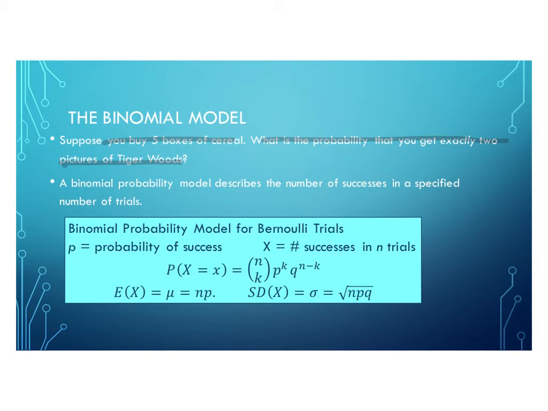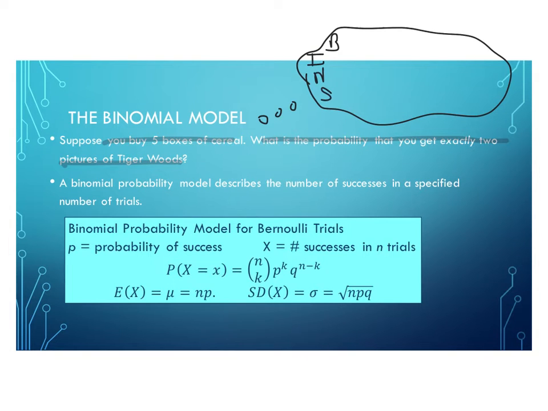Okay, so remember, we're thinking in our brain. We talked about this early. We're talking about BINS. Okay, do we have 2 outcomes? Yes, we do, because it's either Tiger Woods or it's not. Do we have independence? Well, if we're only buying 5 boxes of cereal, is that less than 10% of the population of that type of cereal box?